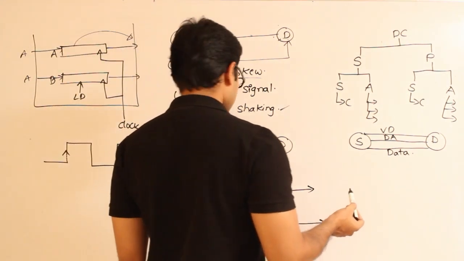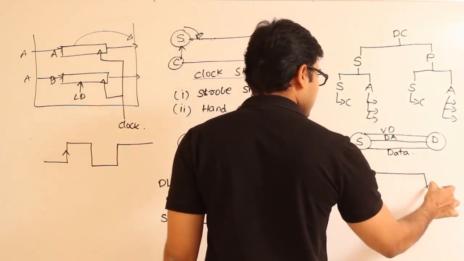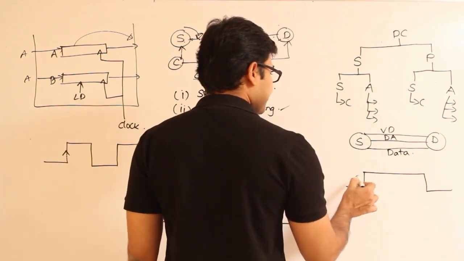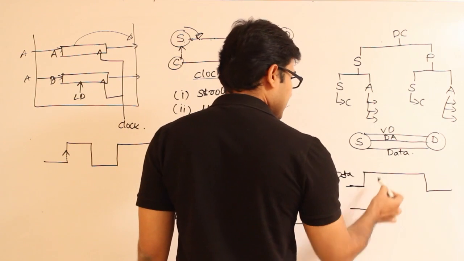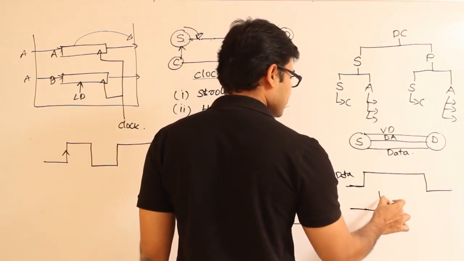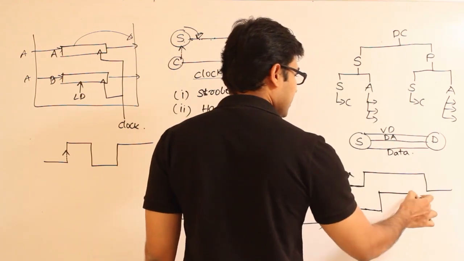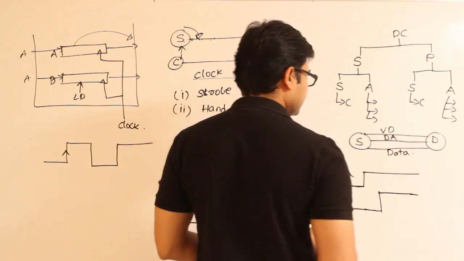Then what we are going to do is, our source is going to place on the data line some valid data, and then the line which says that there is valid data is going to switch on, right? And both of them are going to stay like that.